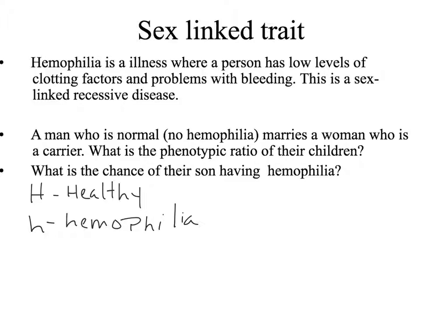This means that he is X big H, Y. And he's going to marry a woman who is a carrier. Remember, carrier is just another word for heterozygote. So it's referring to her genotype. So she's female, she's X big H, X little h.